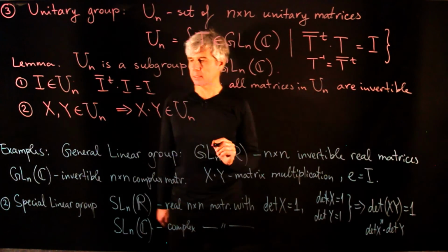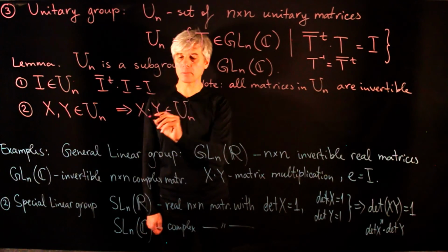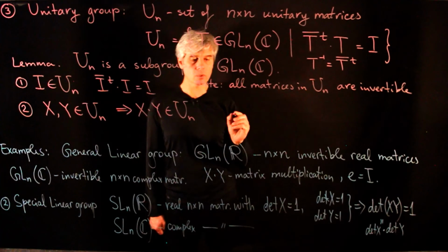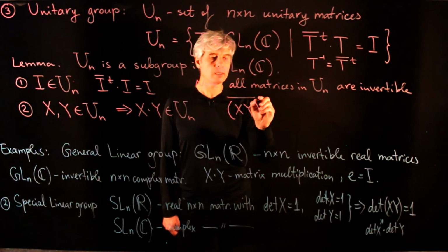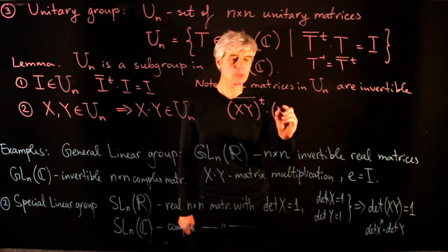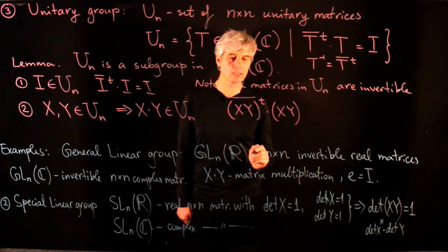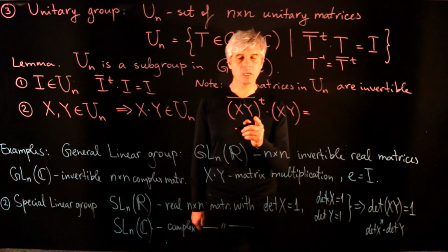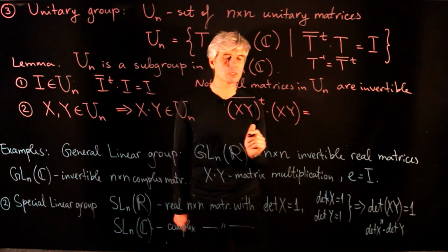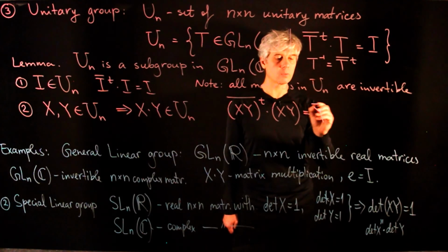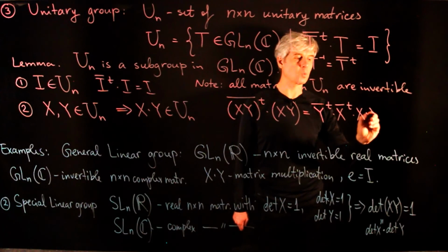And so then we need to verify that x times y is unitary. This means that xy bar transpose times xy needs to be equal to the identity matrix. So when we take the transpose of the product, we take the product of transposes in the opposite order. So here we get y bar transpose times x bar transpose times x times y.